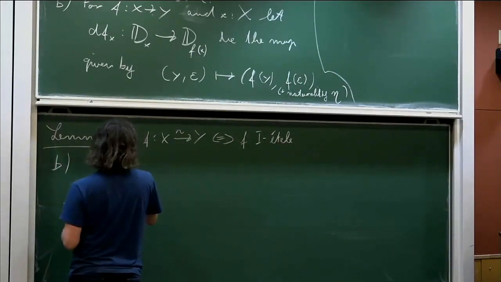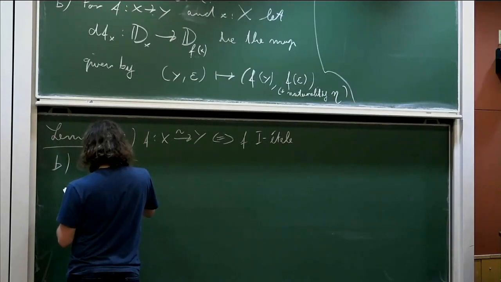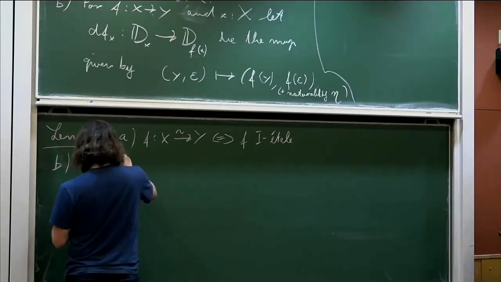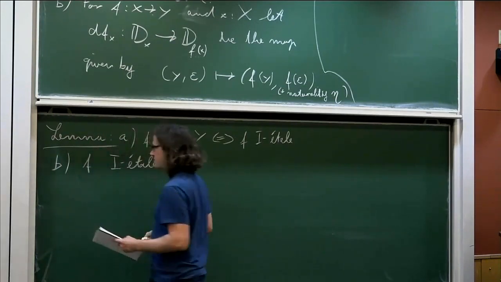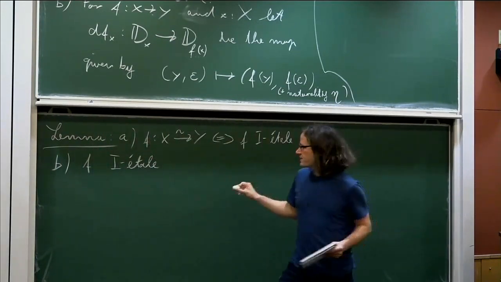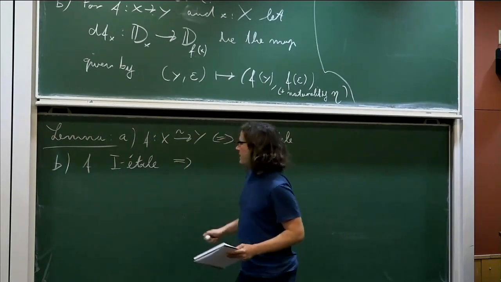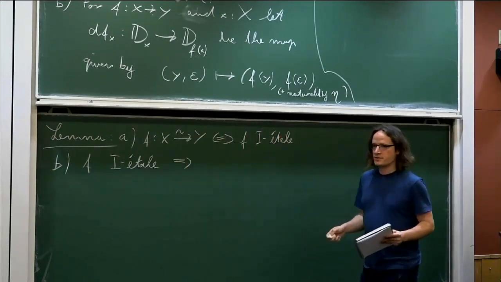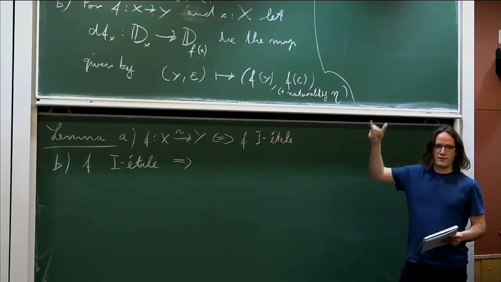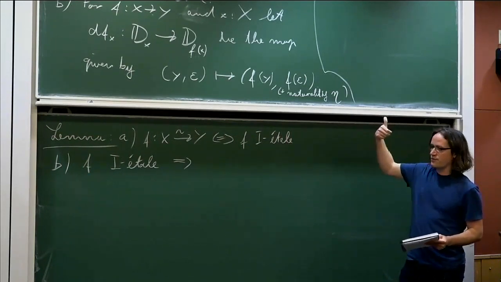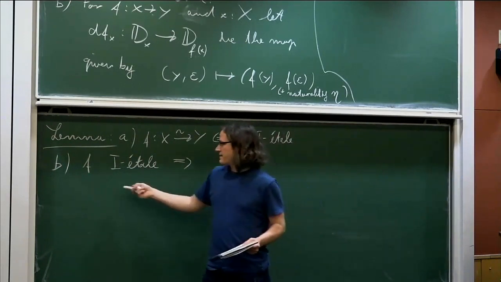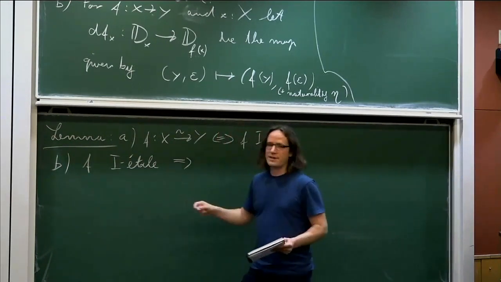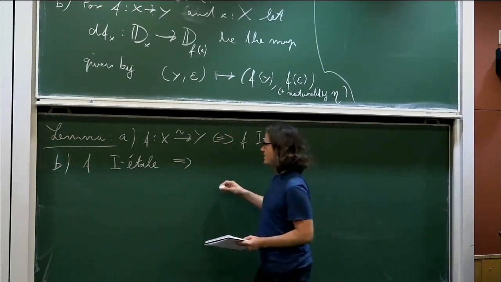And if F is I-étale, that's also something Egbert proved yesterday in his talk. You induce, so he wrote it with fibers, but those fibers are now formal disks. And the statement was that an étale map induces equivalences on those fibers.